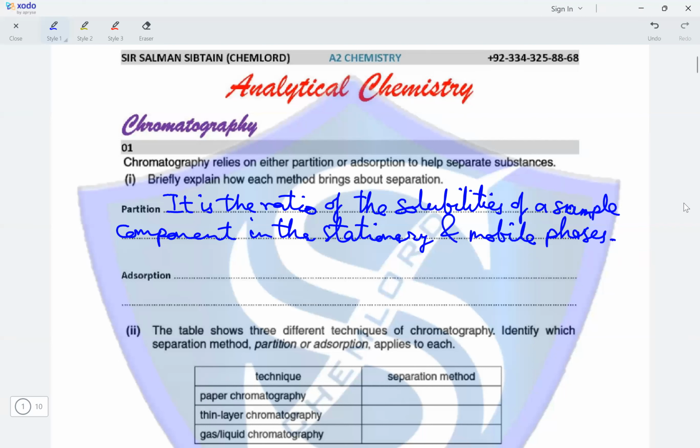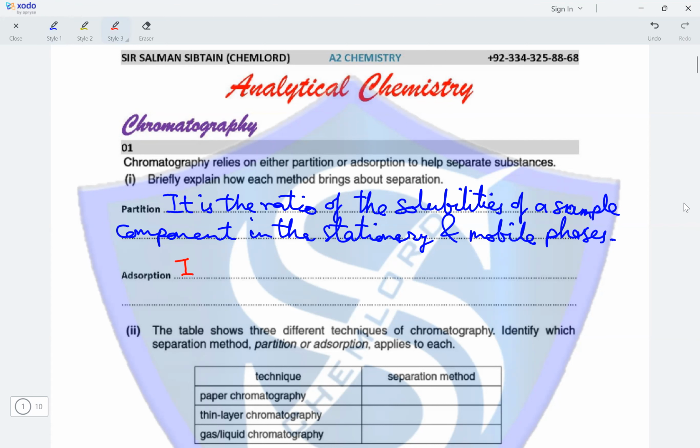So when a solute is dissolved in the stationary and the mobile phase, the ratio of its solubility is the reason for partition taking place because it will be soluble more in one of the phases and less in the other. Next, we have adsorption.